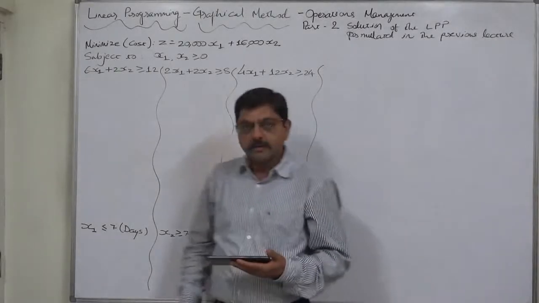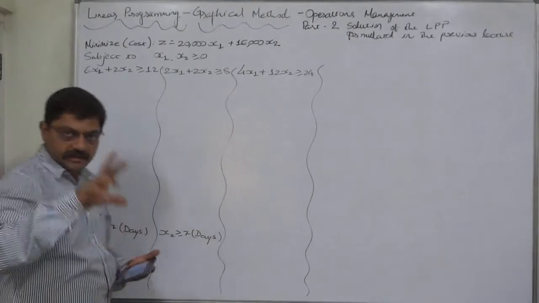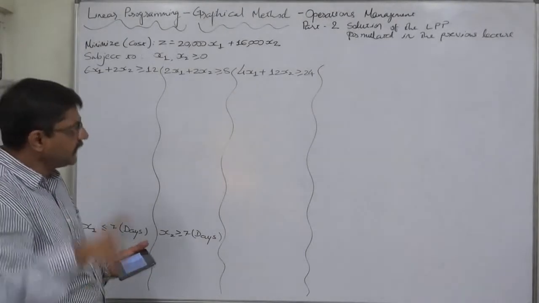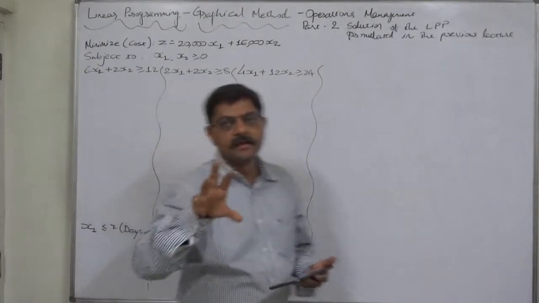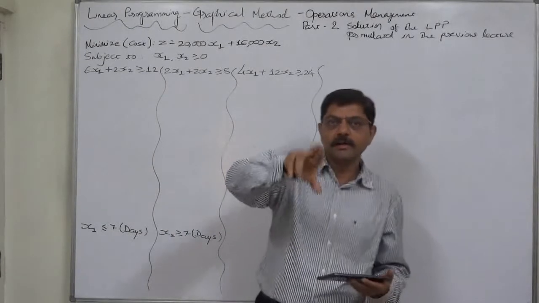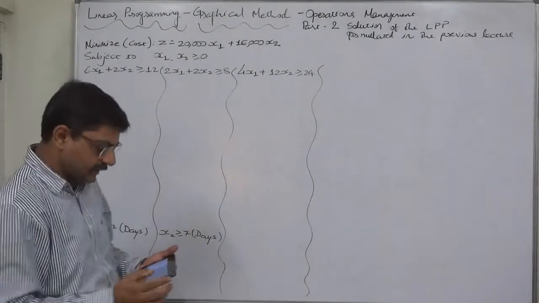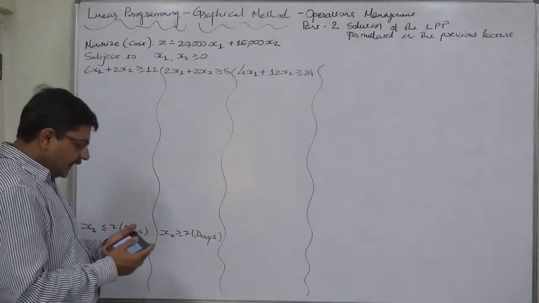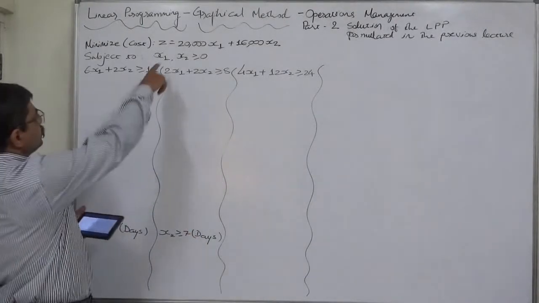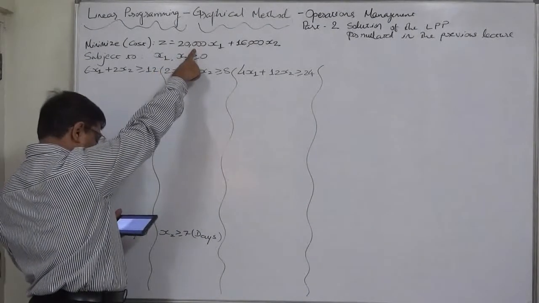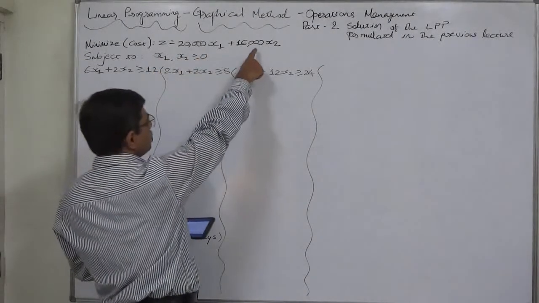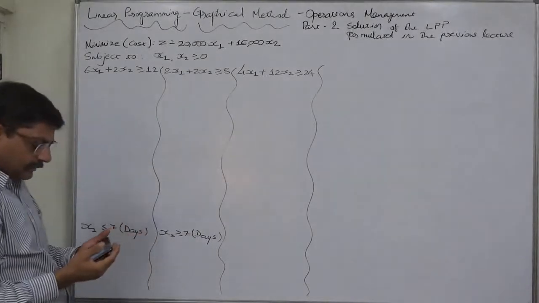At this time of reading, please keep the formulated problem with you, which we have already formulated in a previous lecture. The daily expenditure of the first mine is rupees 20,000 per day and the second mine is rupees 16,000 per day.